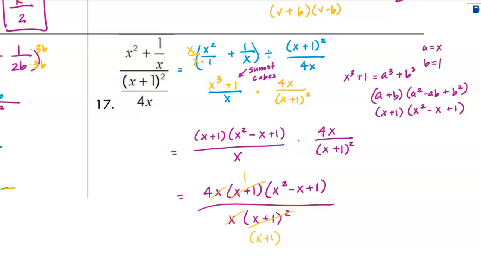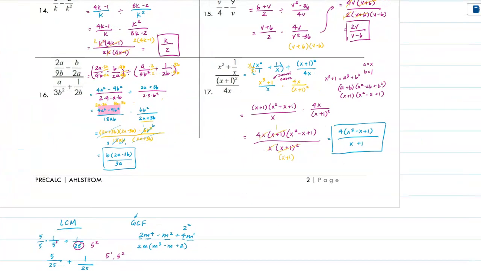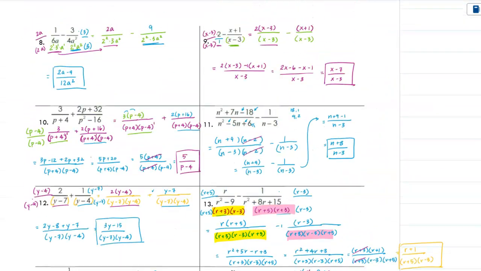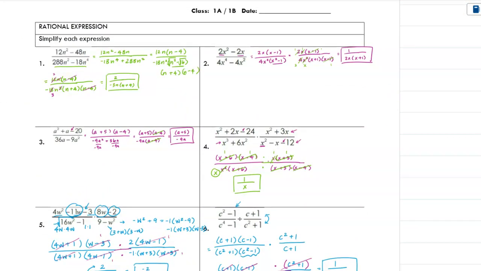Okay? So your final answer is going to be 4 times x squared minus x plus 1 over x plus 1. And there you go. I think I did all the problems. Good job, good job. Okay, bye guys.